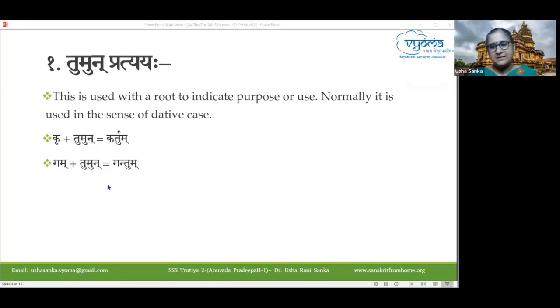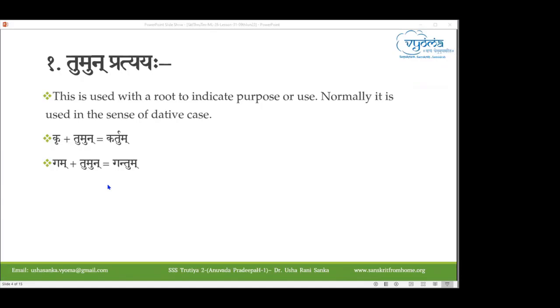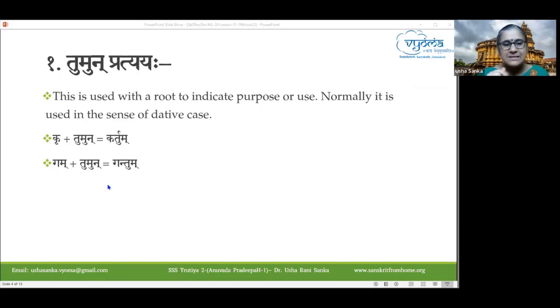For going. Okay, let us take that, for action, for going. So now we will also discuss the form. So what do you observe in kr changing to kartum? What exactly has happened there? Jayam ji, please tell. When kr changed to kartum, what is the change that you observe in the shabda?